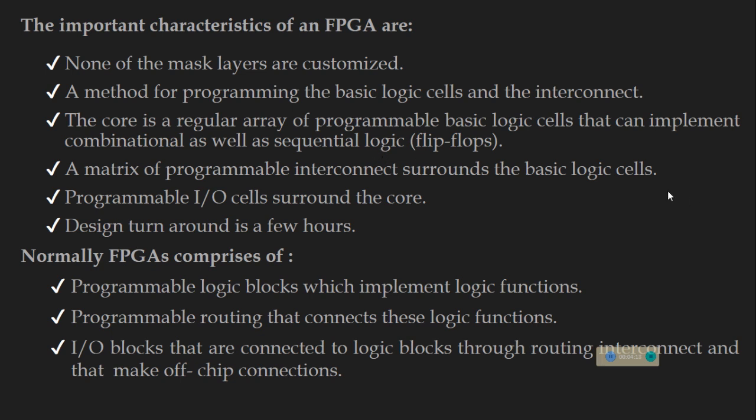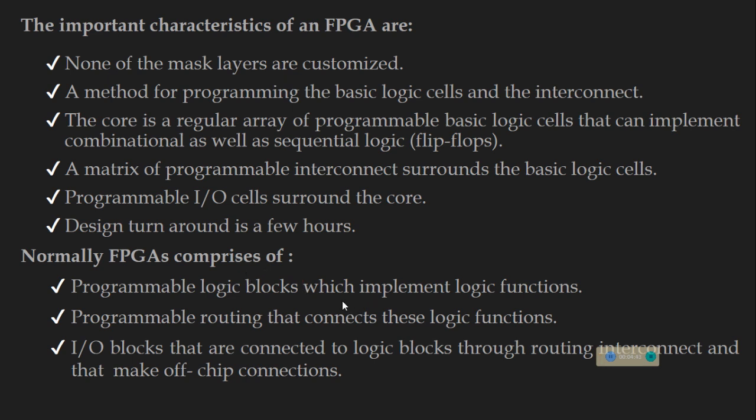All these logic cells are going to be a matrix of the programmable interconnect around these logic cells. And around the core, we will be having the programmable IO cells or input output pads. The design turnaround time is going to be only a few hours.